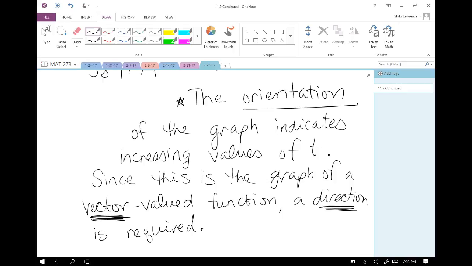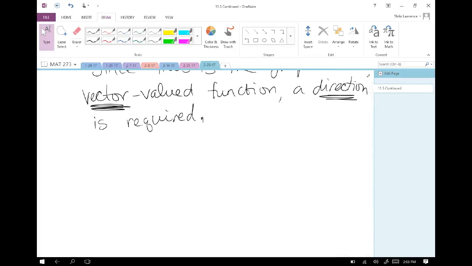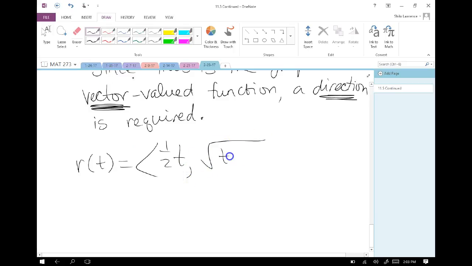If you remember back to when we talked about parametric equations for a line, we said that the first piece was equal to x and the second piece was equal to y. And we could write them as parametric equations, or we could write them as a vector. And we could do the same thing here. So we had r of t equals 1/2 t, square root of t minus 2.